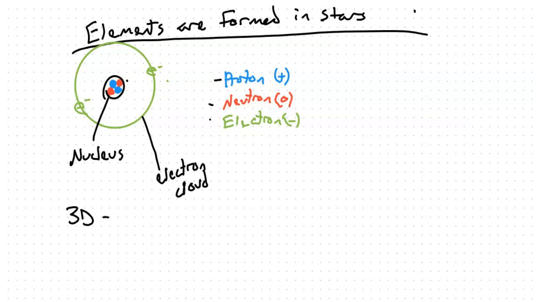So this here is 2D. We're on a flat surface here. It's a 2D representation. But an atom operates kind of like a sphere, so it has 3 dimensions. That's why we call it the cloud, because the electrons are kind of floating around in there as a cloud and in 3 dimensions. They don't just circle like that.